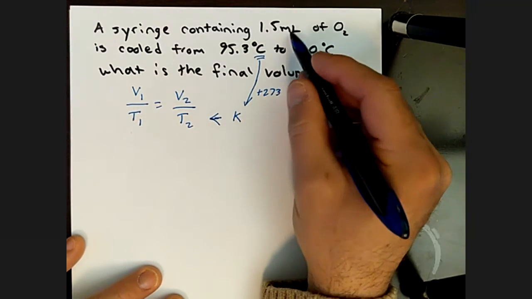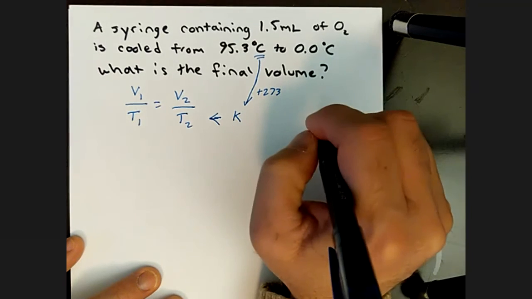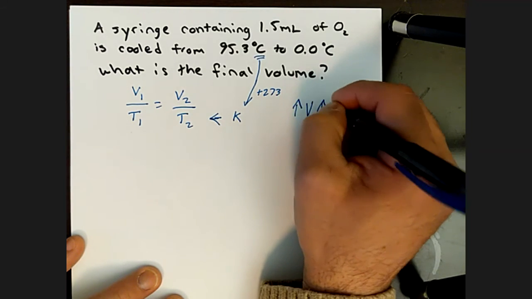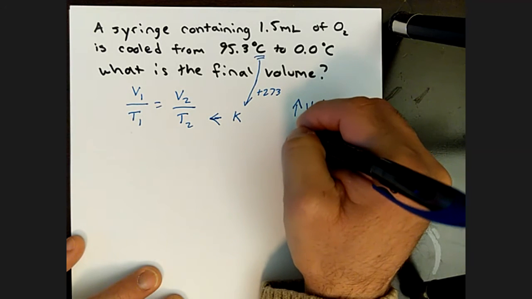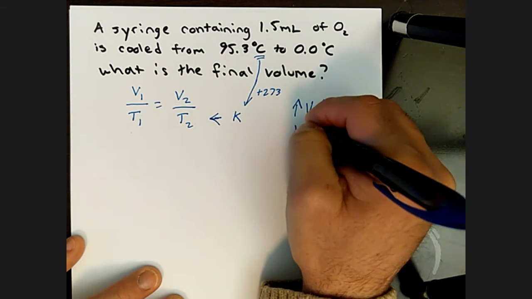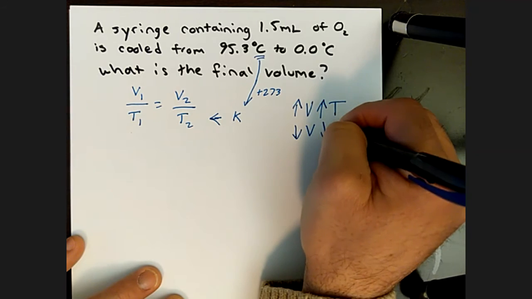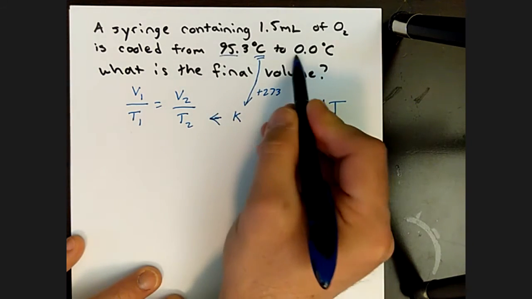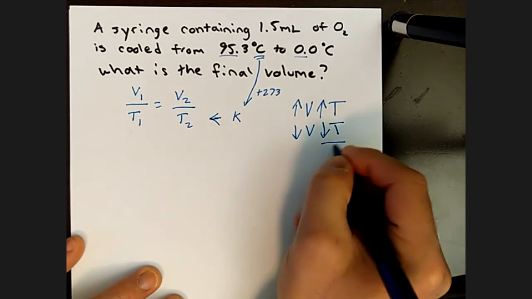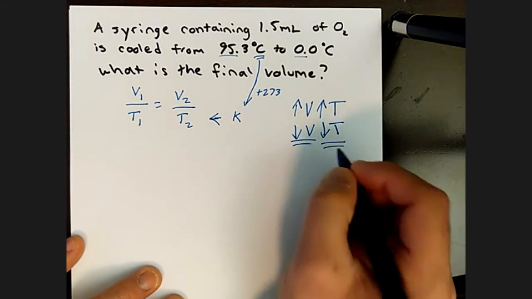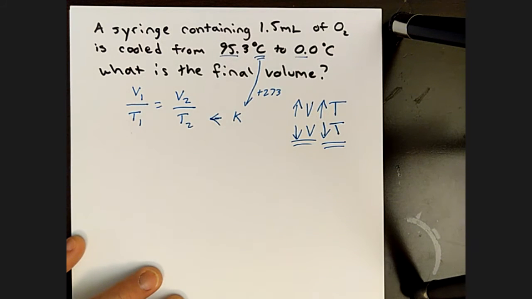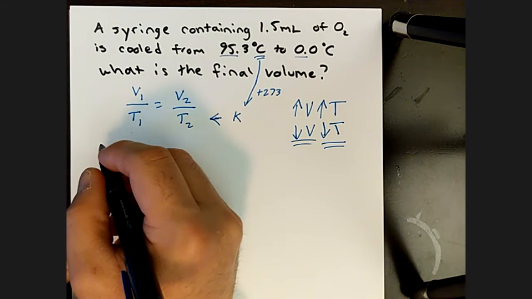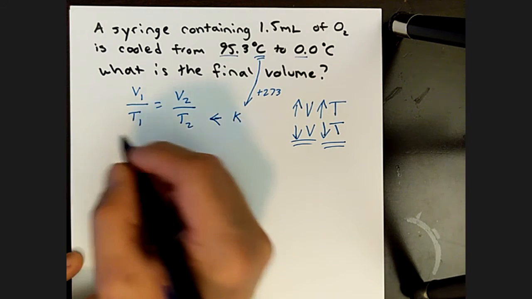From Charles' law, volume and temperature are linearly related. So as you increase the volume, you also increase the temperature, or vice versa. If the volume decreases, the temperature we expect is also going down. Since we're cooling it, we would expect the volume to likewise go down.